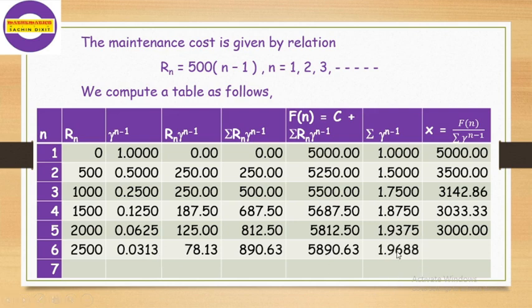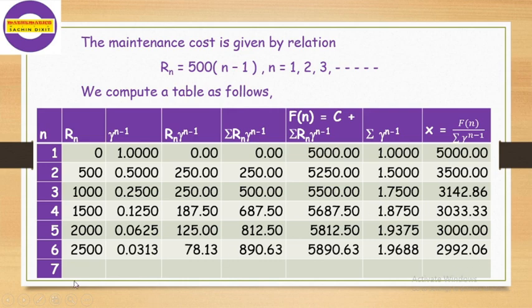We get 1.9688. Then to find the average cost for the sixth year, we divide this 5890.63 by 1.9688. We get 2992.06. Again, it is a decreasing value.